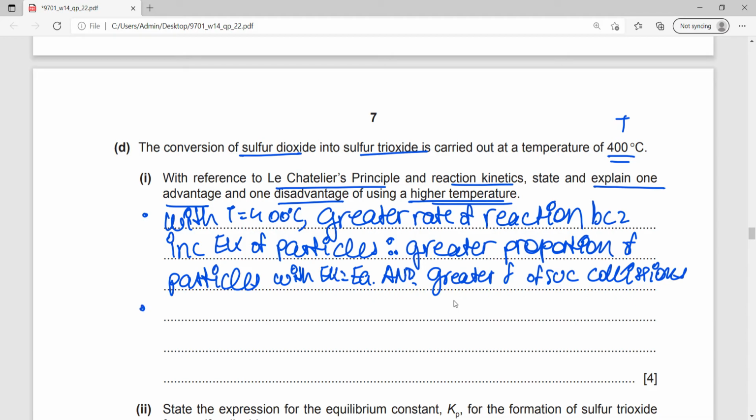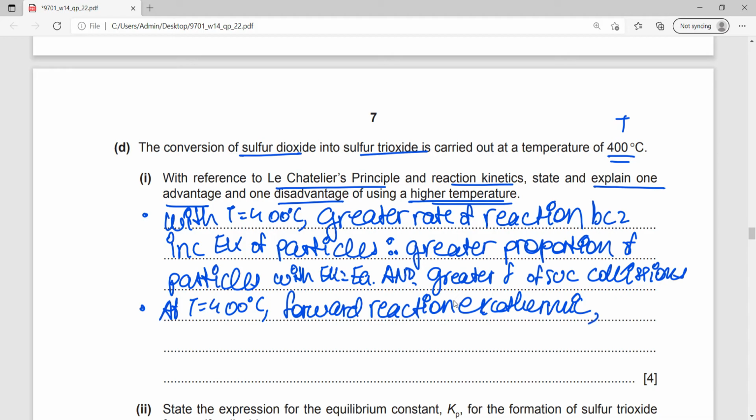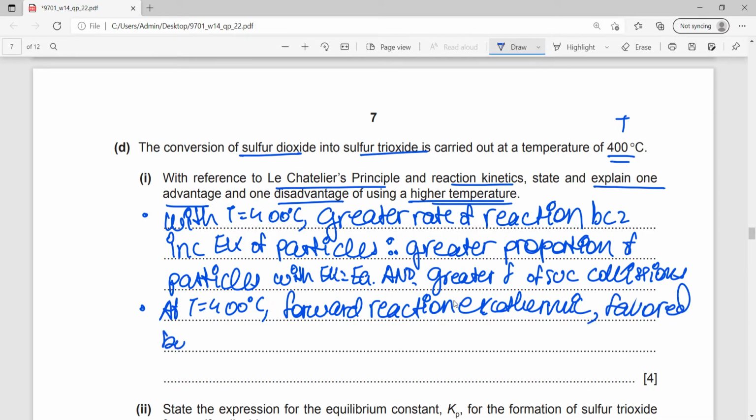And now regarding the disadvantage, at T equal to 400 degrees Celsius, forward reaction exothermic, right? So you must write that it is favored by lower temperatures, right?